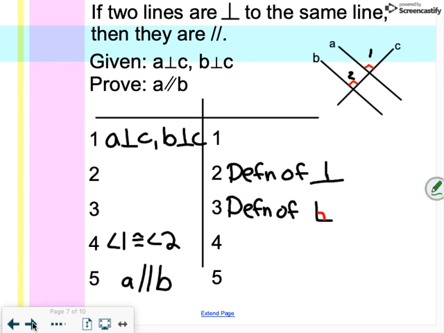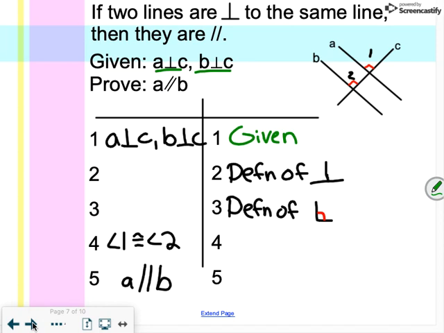So talking through this proof, we're given that A is perpendicular to C and B is perpendicular to C, so our reasoning here is that it is given to us. Now what we have to think about is, what does it mean to be perpendicular?